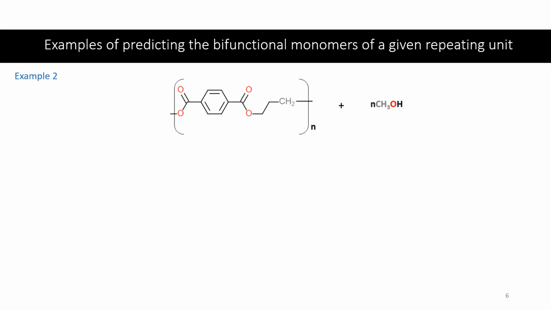Let's take a look at a final example. If you have this repeating unit, how could you predict the two bifunctional monomers that combine to give this? The small molecule that was eliminated is methanol. So how could that happen? You could think, oh, maybe a CH3 and an OH combined.